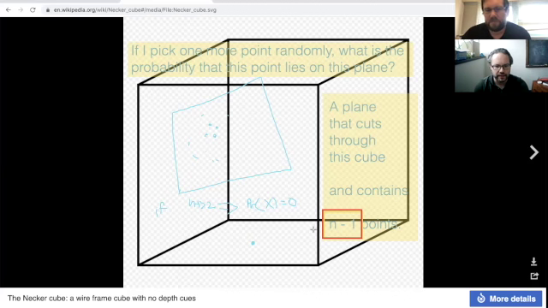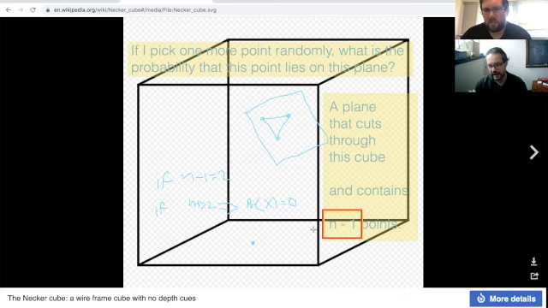Now, what happens if instead of that, I have n-1 equals 2? Well, then for any random third point I pick, there is a plane that contains all 3 points. So the probability that I can pick a random point and have a plane that goes through there is 1.